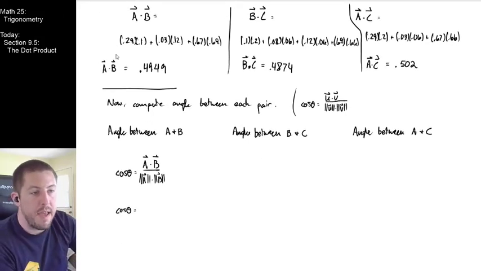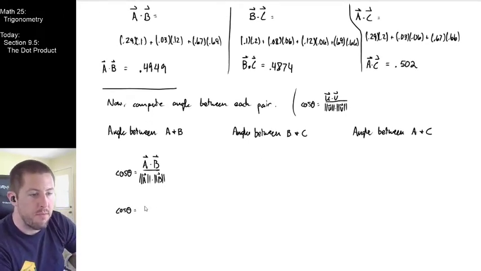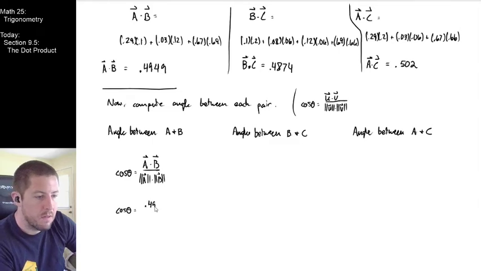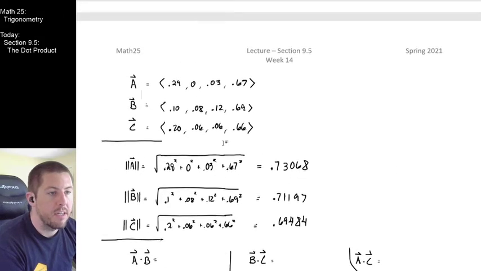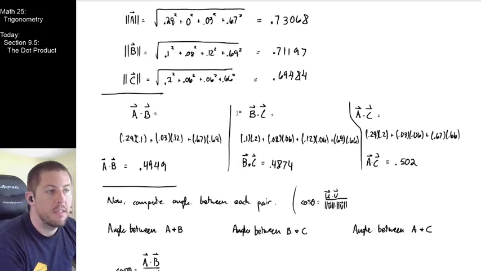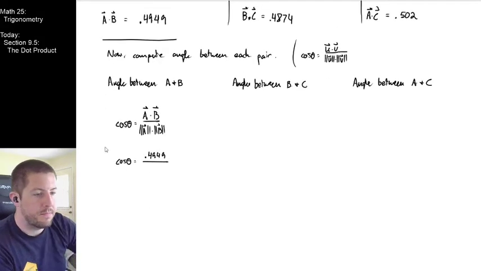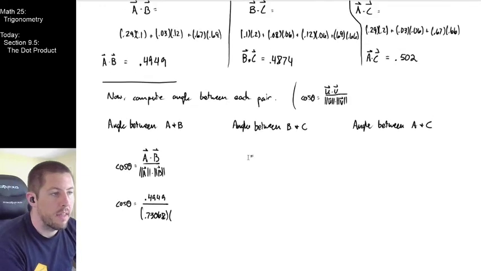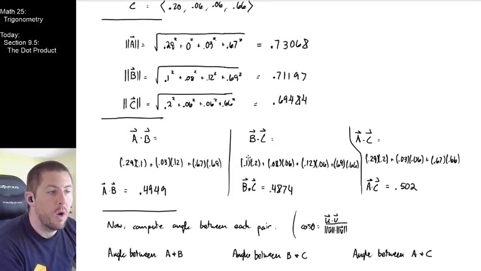Our dot product of A and B is right here, it's the 0.4949. Our length of vector A, we've got right there, 0.73068. And our length of vector B, 0.71197.